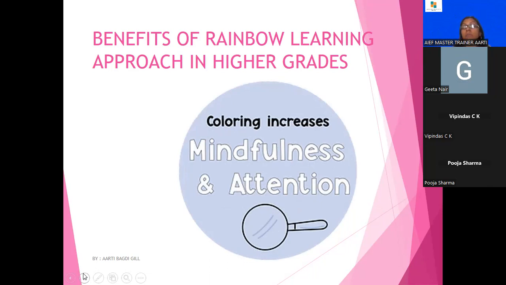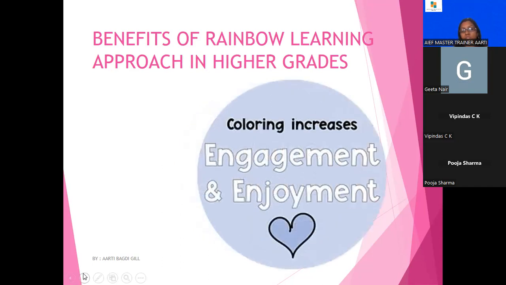So here your rainbow learning is again fruitful if you are looking for mindfulness and attention in your classroom. Your colorful diagrams, your colorful flow charts, your different kinds of models will help them to go for mindfulness and attention.